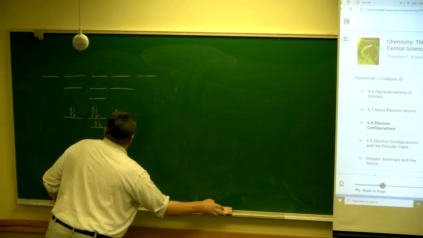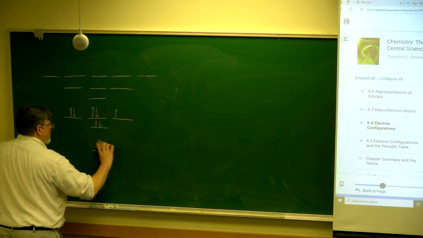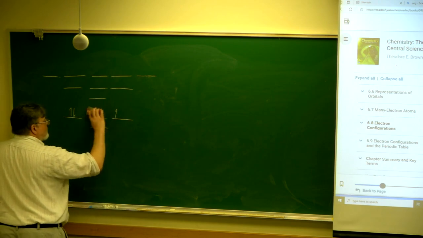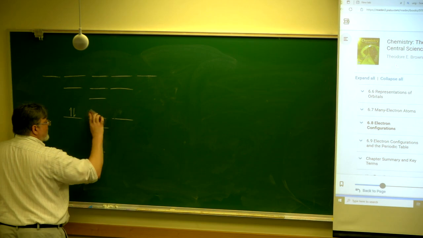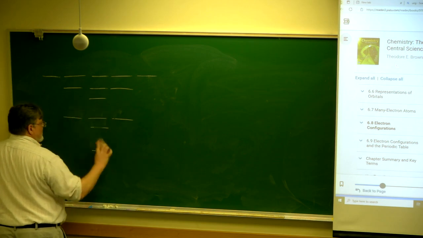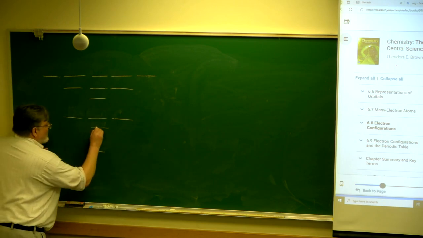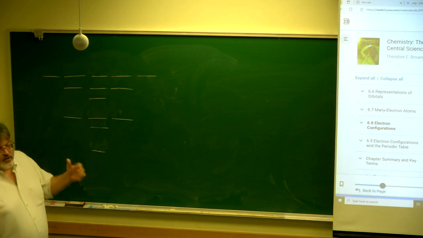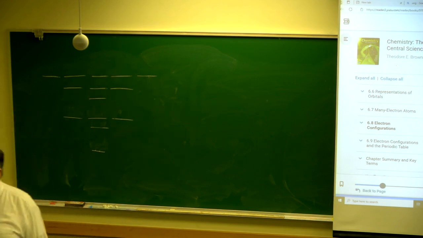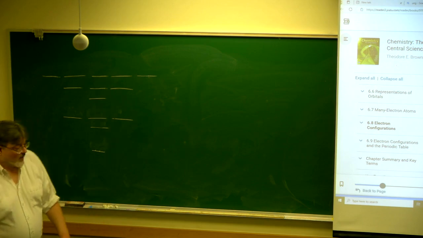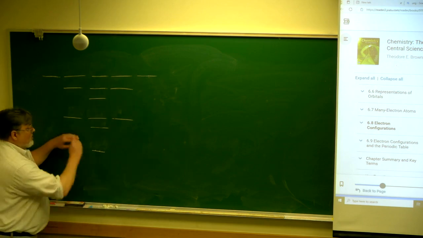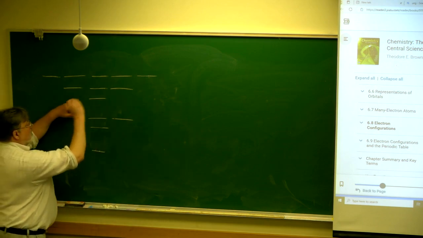But let me back all the way up and say, I'll put these back. I feel like this is a lot of words to say something that's kind of simple. If I said, hey, draw the electron configuration of fluorine, you would look at the periodic table and see that 9 there, and then you'd go up to a piece of paper and draw 1, 1, 3, 1, 3, 5.